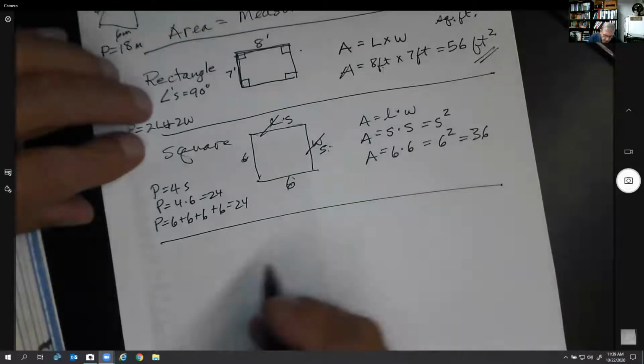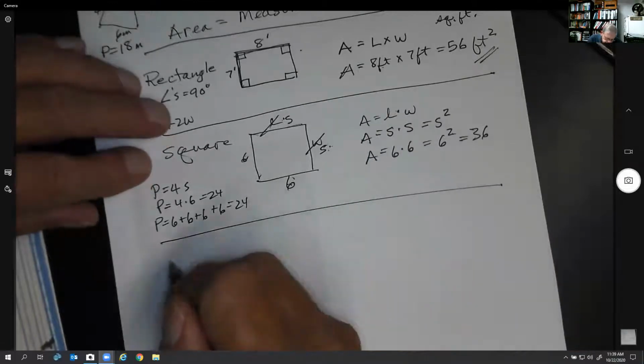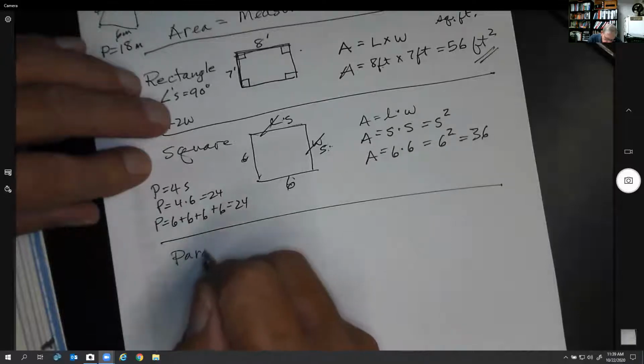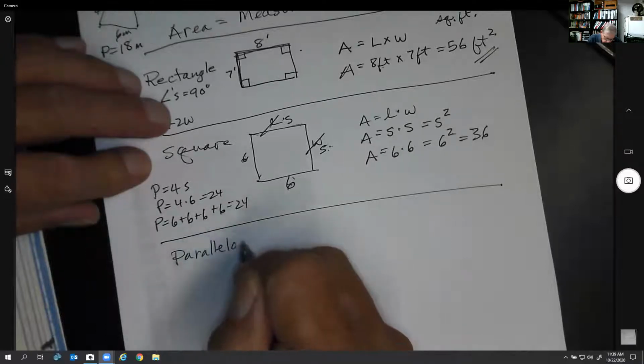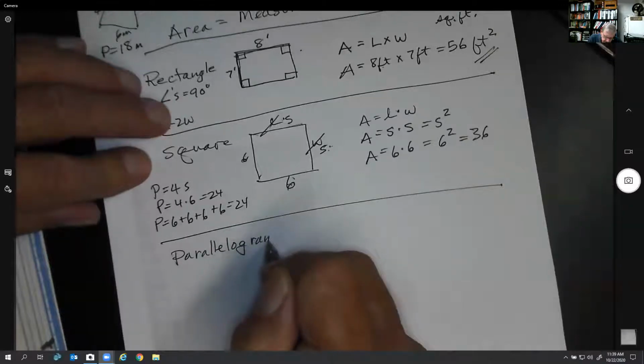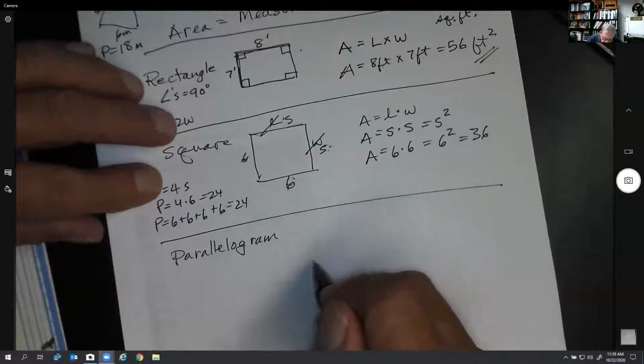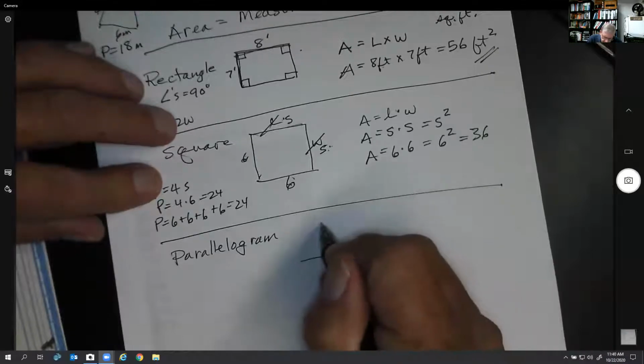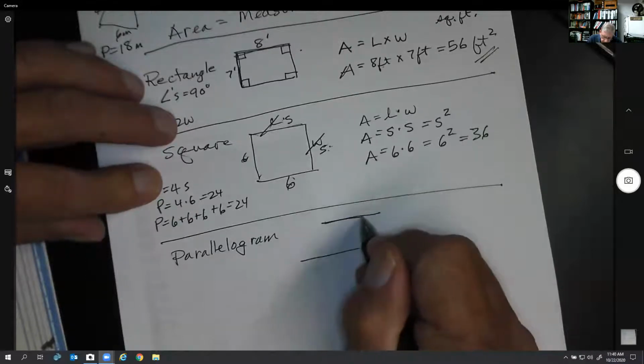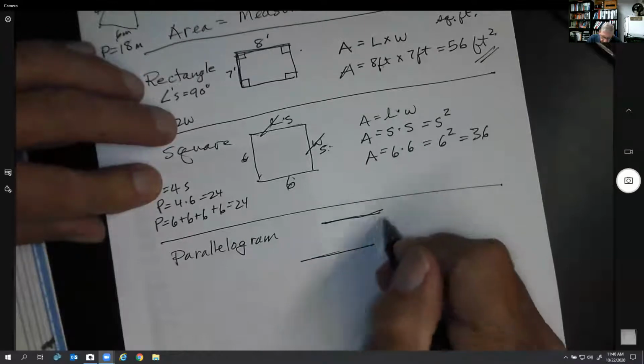Okay, what about a parallelogram? A parallelogram is kind of like a rectangle that somebody sat on. You have a base here and a base here. These bases are parallel to each other.